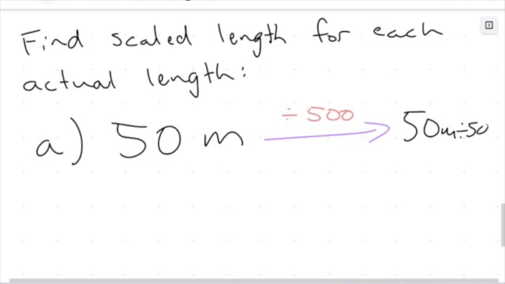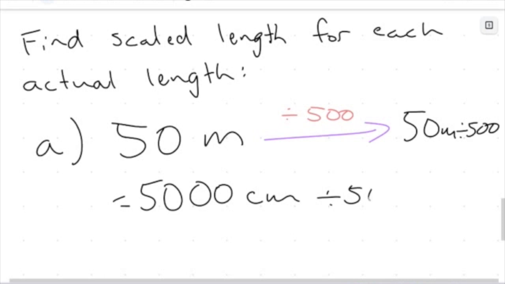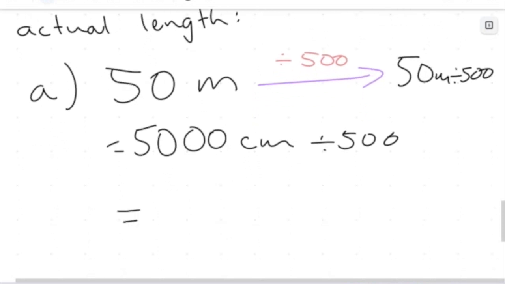And this is going to give me something really small. So let me convert first the 50 meters into centimeters. So 50 meters to centimeters is 5,000 centimeters divided by 500. And I get here 10 centimeters.